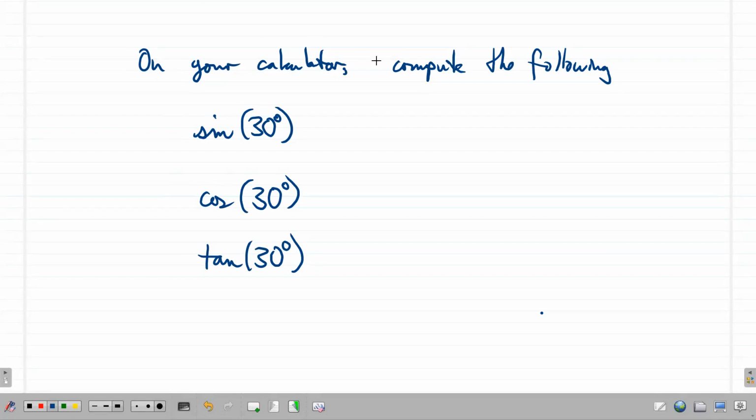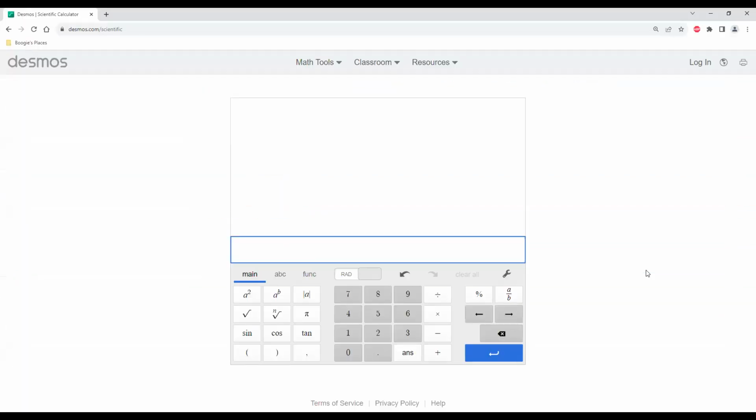So what I do is I nip onto the internet. I'm using a program called Desmos, which basically mimics a calculator amongst other things. Let's work out, to start off with, sine 30 degrees. So sine 30 degrees equals minus 0.988 something or other.